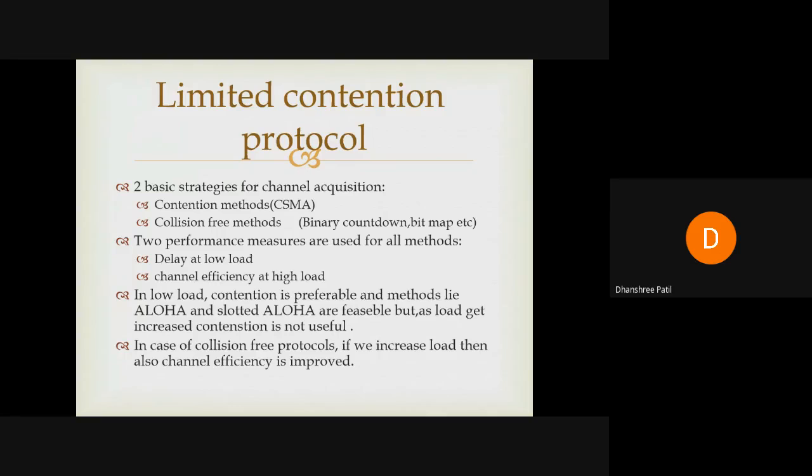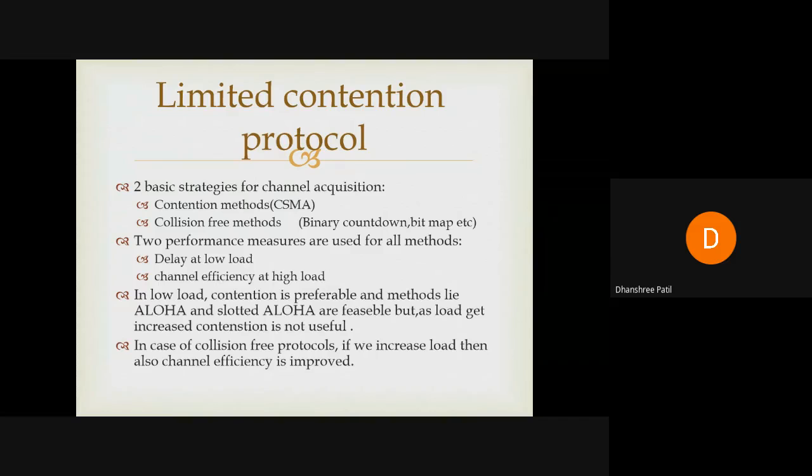Binary countdown and bitmap protocols work properly and collision will not occur, but they work properly only if the nodes are limited. If we increase the load or the number of stations on the same channel, these protocols do not work properly.